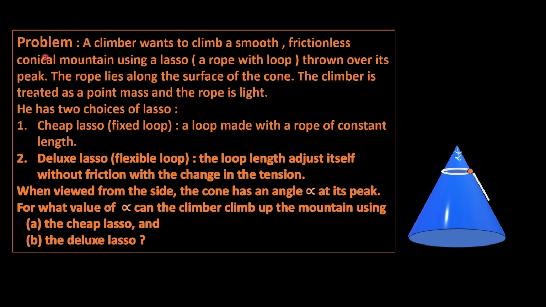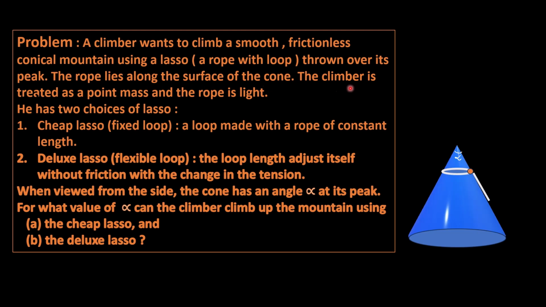Here is our problem. In this problem, there is a climber who wants to climb a smooth frictionless conical mountain by using a lasso, which is thrown over its peak. The rope of the lasso lies along the surface of the cone.